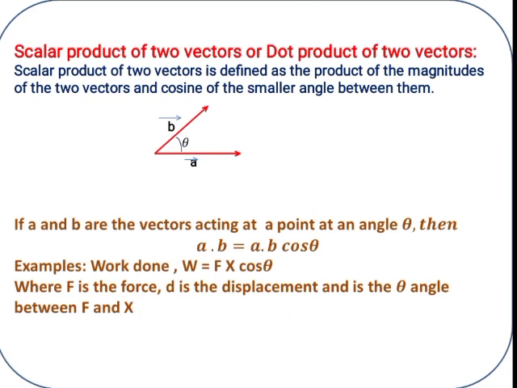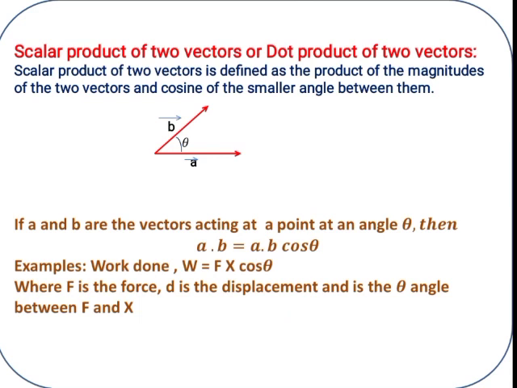So we cannot take the algebraic sum of the vectors. We have the permission to take the algebraic sum of the scalars, not for vectors. Now, how to multiply the vector quantities or the scalar quantities? What are the rules which we have to learn in this video?